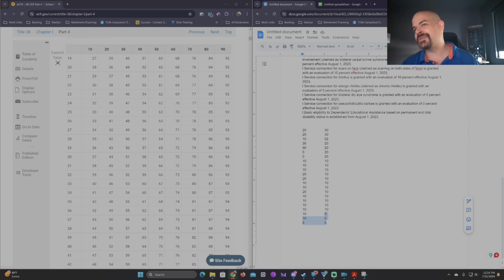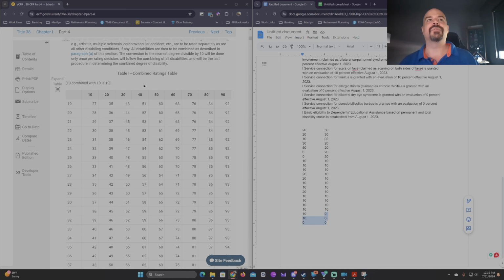These are going to go obsolete because they're 0%, so they're not considered for your compensation or any of the decisions that the VA has for you. Okay, so this is the combined rating table. We're going to go from most severe to least severe, and I will show you as we go through this person's example.